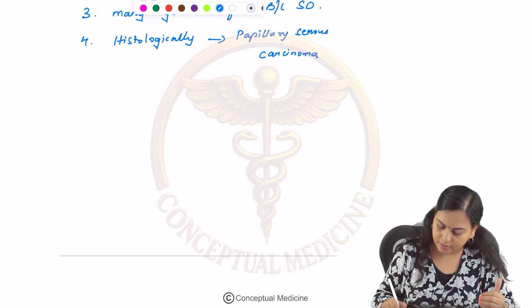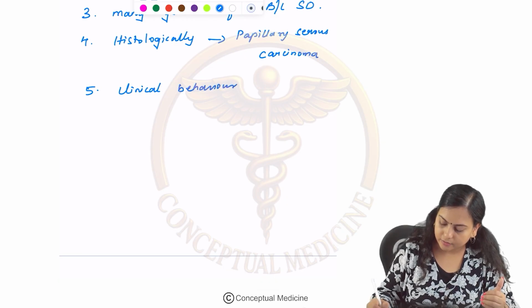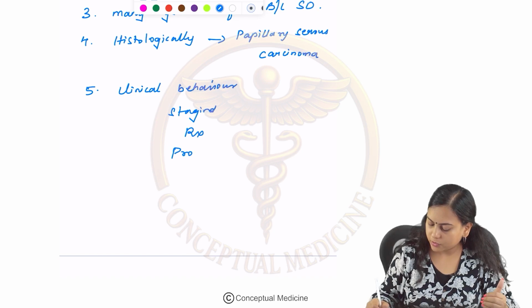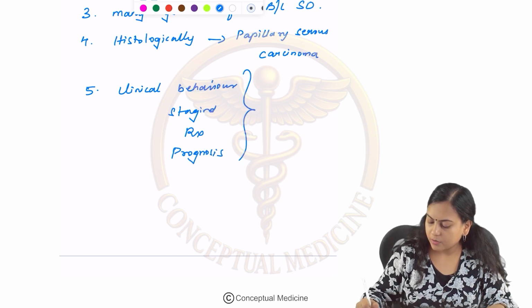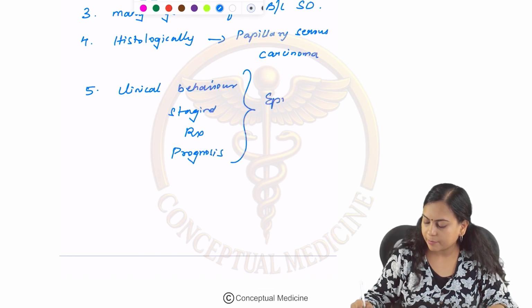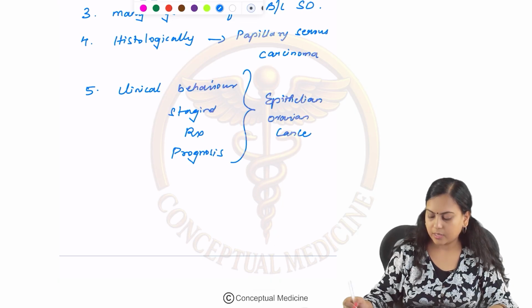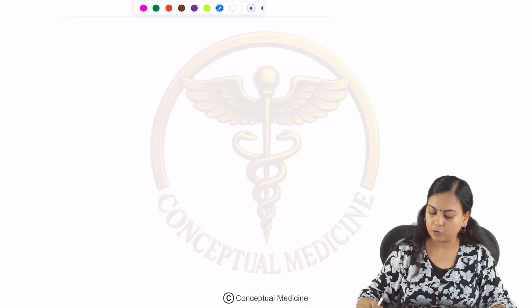The clinical behavior, staging, treatment and prognosis will be mostly like epithelial ovarian cancer. Clear? Right. Now, let's talk about fallopian tube cancer.